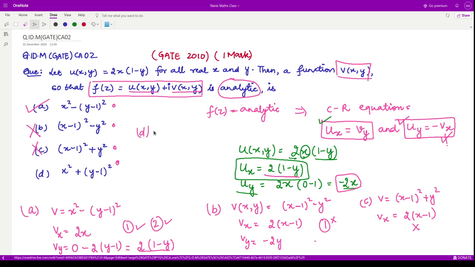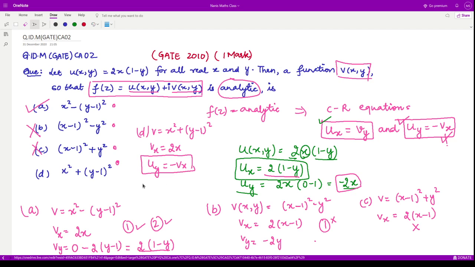For option D, we had v to be x square plus y minus 1 whole square. Computing v x, that would be 2x. Now v x is 2x, and u y is minus 2x. So in this case the condition u y equal to minus v x is satisfied.